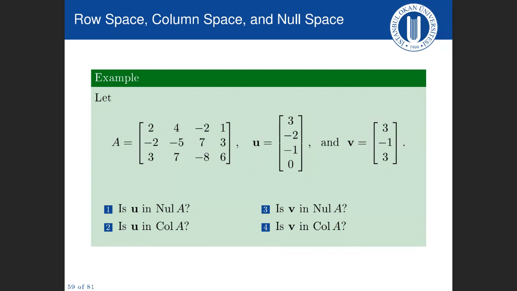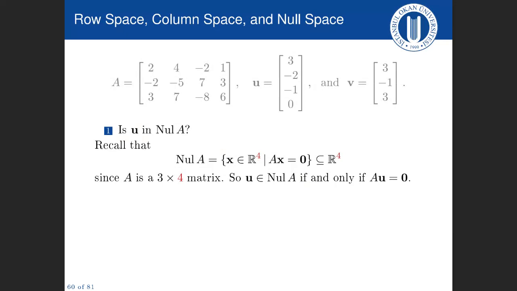Question 1, first of all. Let me remind you that the null space of A is the set of vectors x in R4 which satisfy that Ax is equal to 0. This is a subspace of R4 because A is a 3 by 4 matrix.